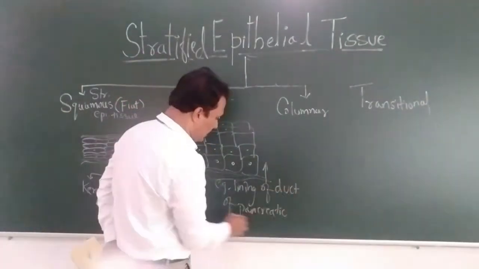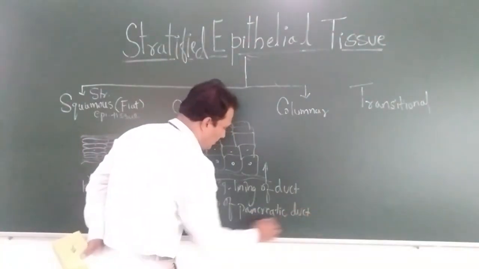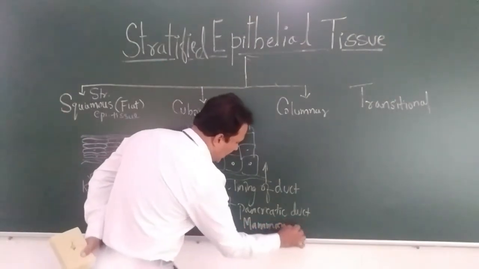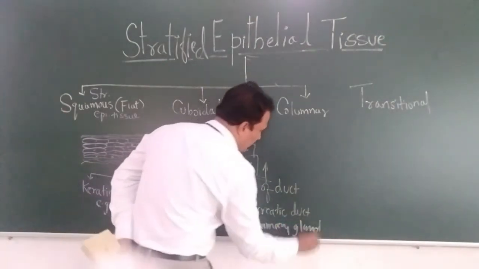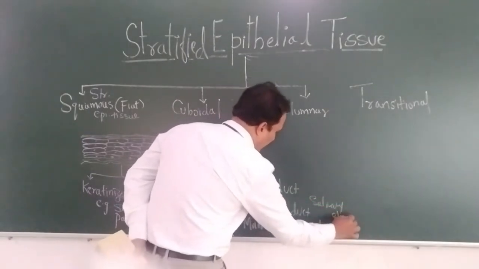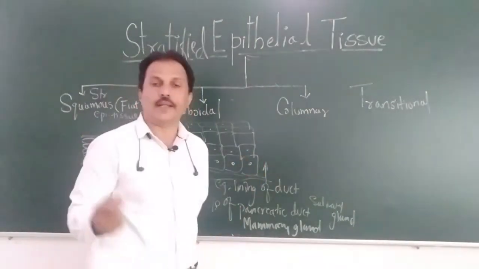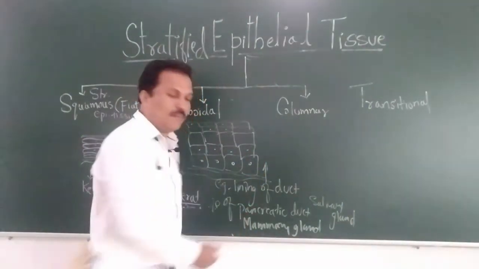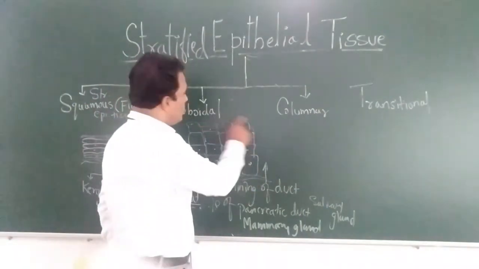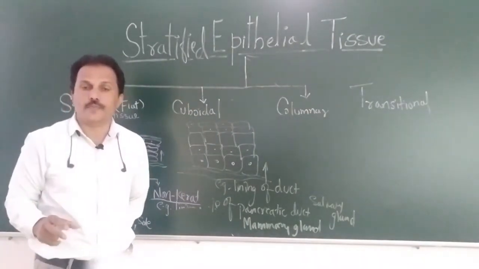So the ducts carrying saliva, pancreatic juice, and milk from the mammary gland are lined by cuboidal stratified epithelial tissue.